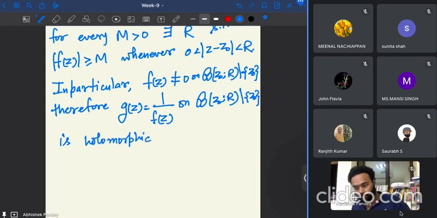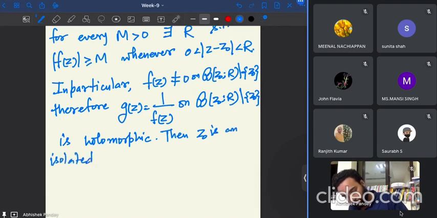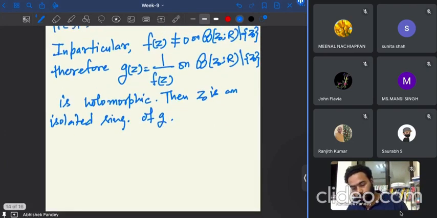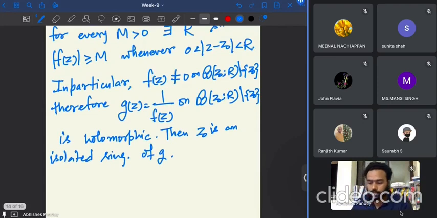Then z naught is an isolated singularity of g. But what kind of isolated singularity? Basically, this is removable. Why removable? Because mod of f(z) is greater than or equal to M.